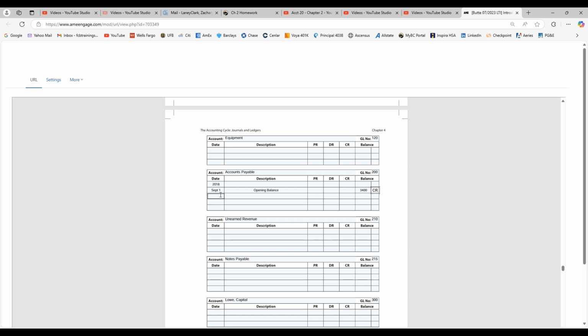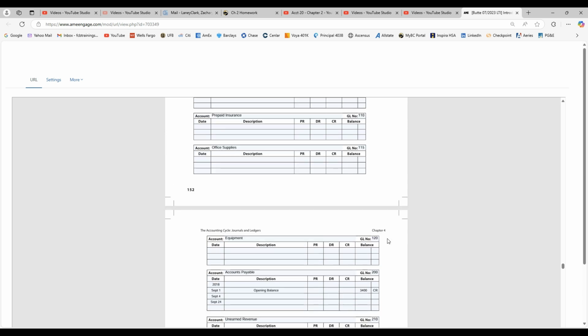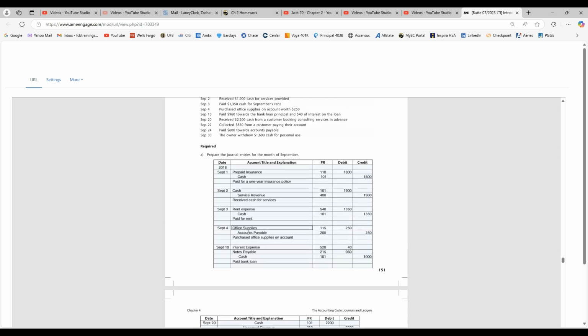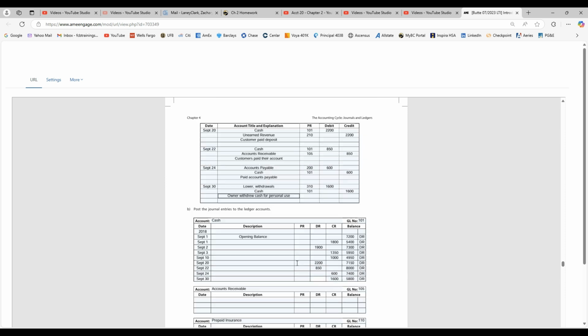We'll have a lot of practice in class with the logistics and the flow of these ledgers. But just to remind you, on September 4th we credited to increase our accounts payable by 250, and on the 24th, we debited to decrease accounts payable by 600.